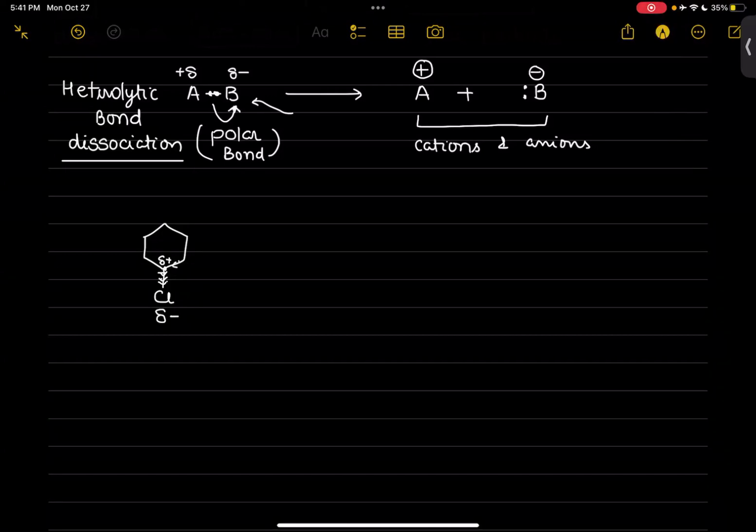Then the other nearby carbon atom will also acquire delta dash positive, I am putting delta dash just to represent that there is positive charge but less than the one which was directly connected to chlorine, and that is obvious, right? Then delta double dash plus. Got it?